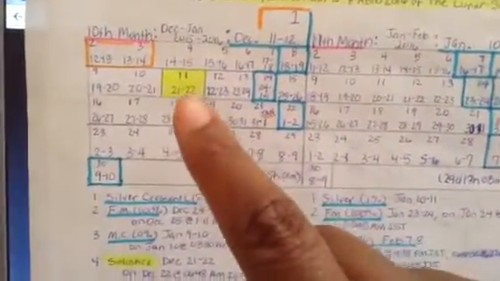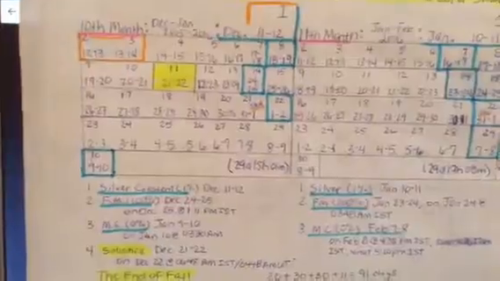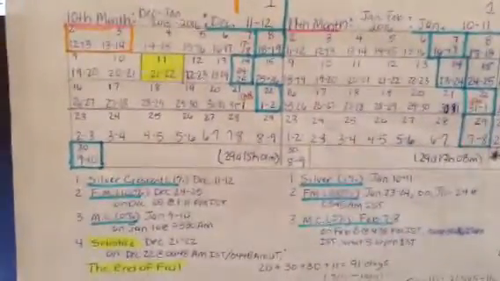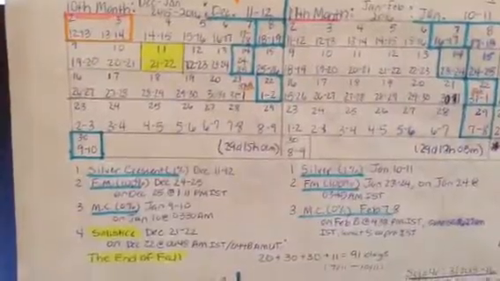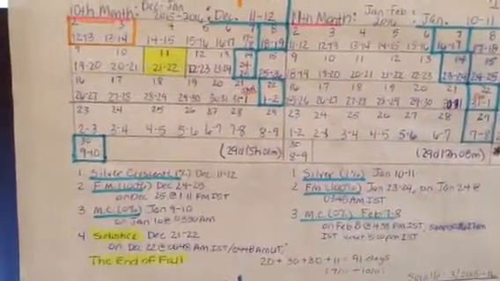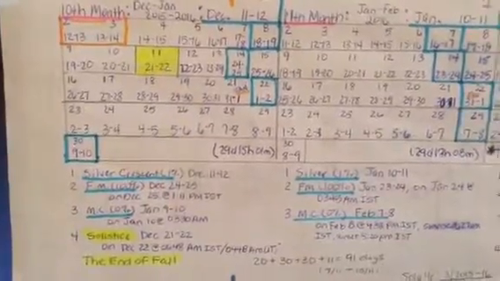Okay, dealing again at the 10th month, you can see here, this is marking the last day of the summer season, and this is called, let me think. Let me make sure I got this right. Oh, I know I have the wrong sheet.